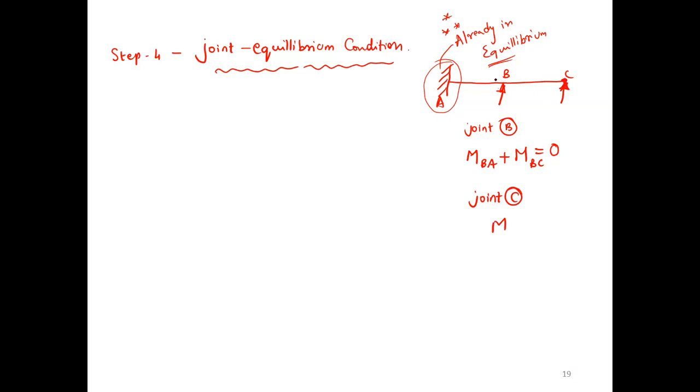At joint C, how many members are meeting? At joint B, two members; at joint C, only one member. That gives MCB equals 0. Now, how many joint equilibrium equations are you getting?